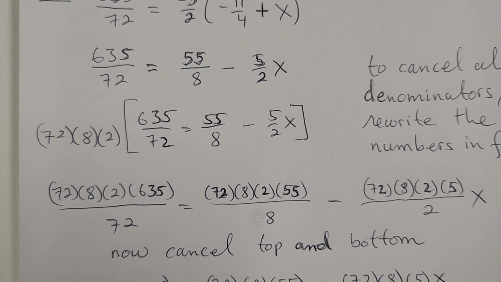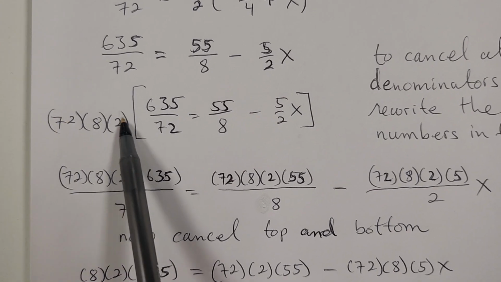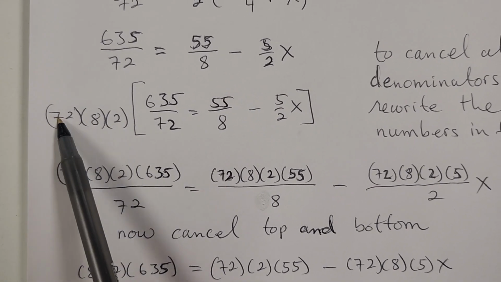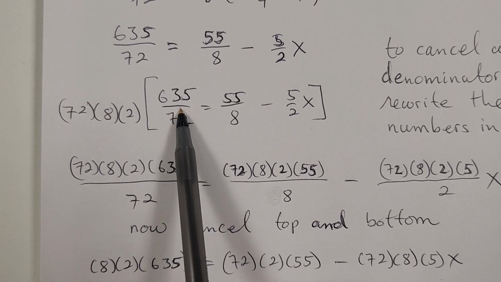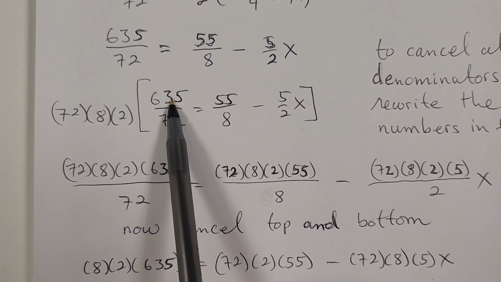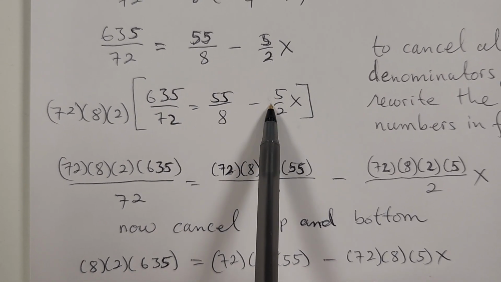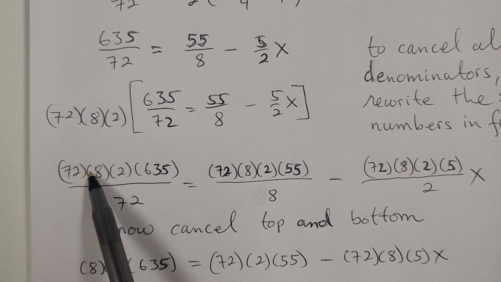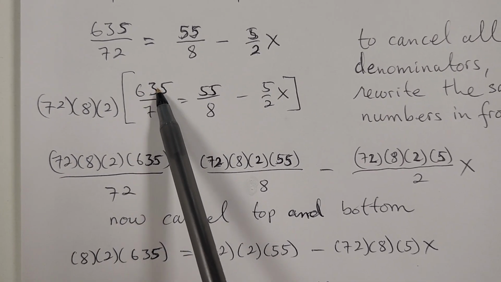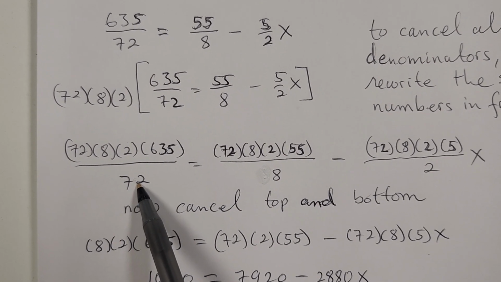Next, we're going to multiply them. This entire number, 72, 8, 2, multiplies to this fraction. Once you're done with this fraction, repeat that step with the second fraction and then the third fraction. So 72, 8, 2 times 635 over 72.